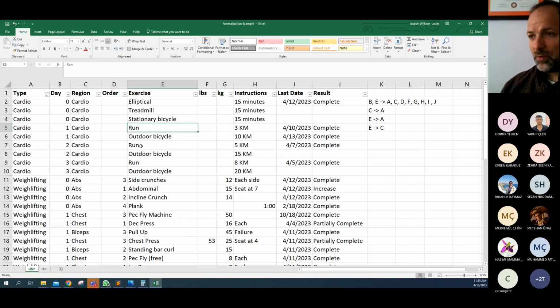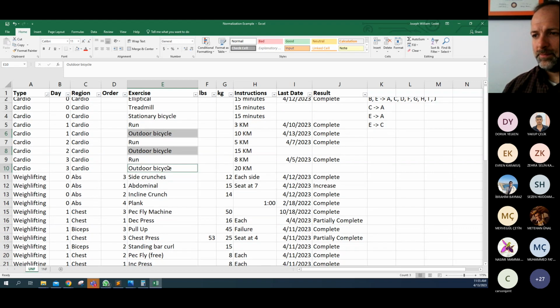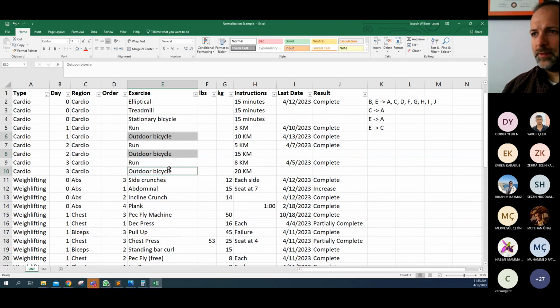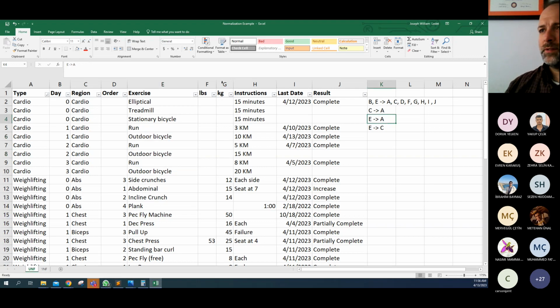Every time I see run, order is null. Every time I see outdoor bicycle, it's null. All right. So null can be the determined value. It cannot be the determinant. It cannot be on the left side. It can be on the right side. I think it works.